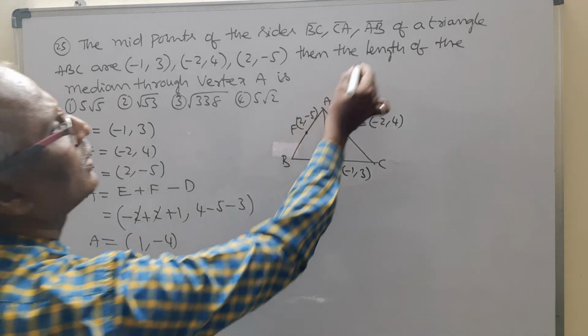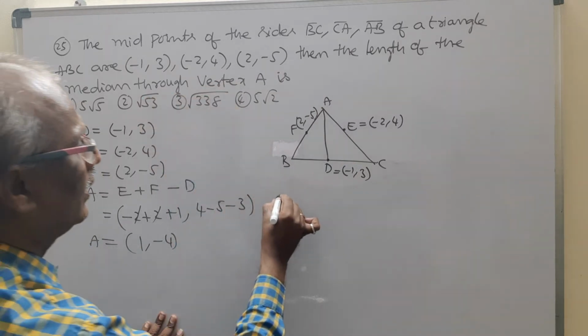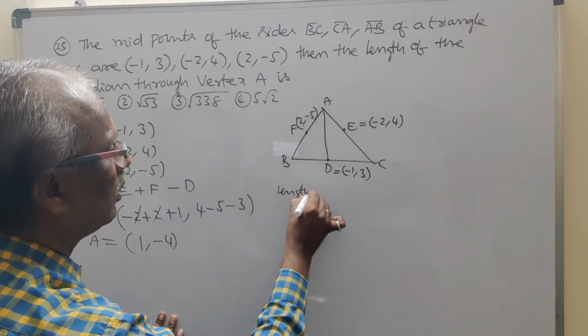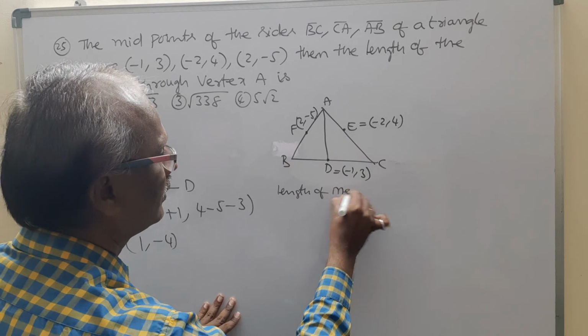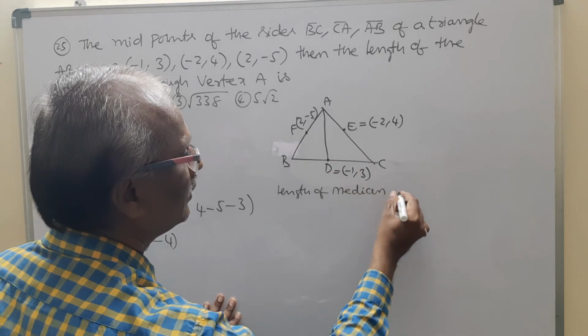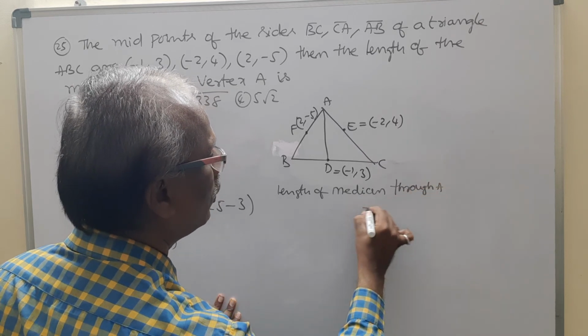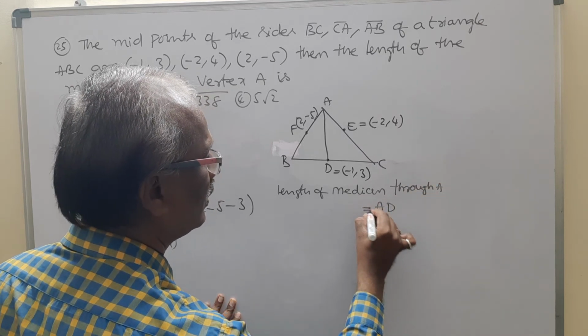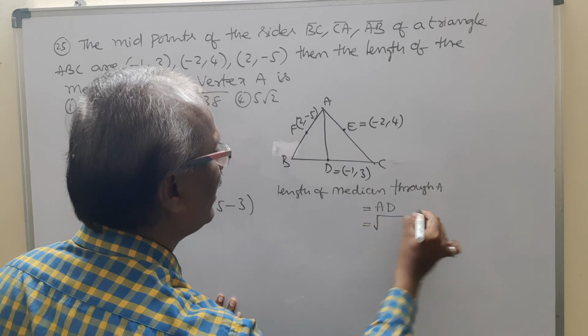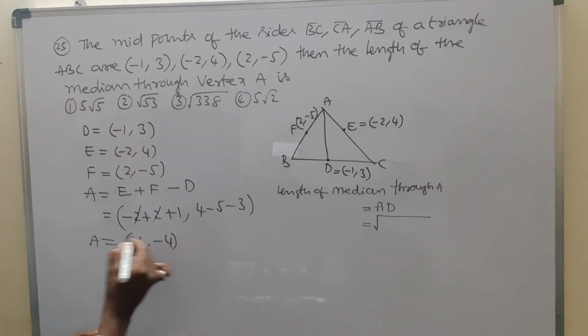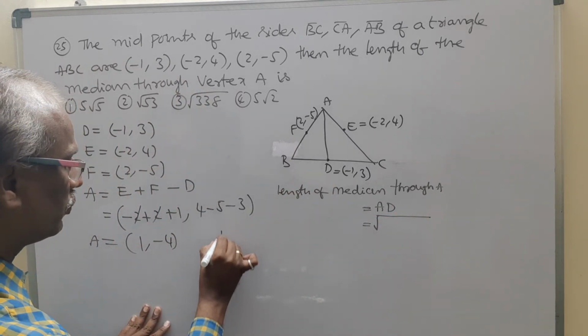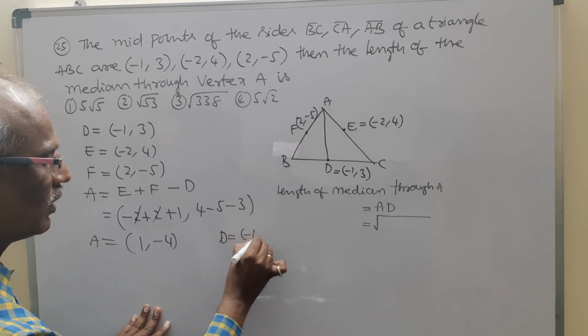Here, to find the length of the median through A, the length of the median through A is equal to the length of AD. To find the distance AD, A is equal to (1, -4), D equal to (-1, 3).